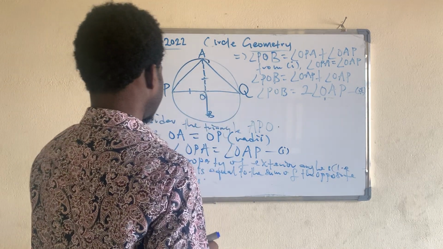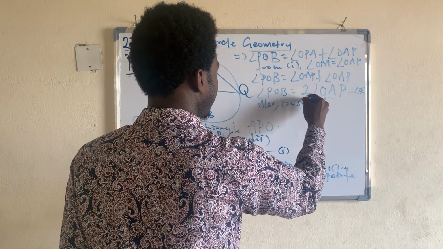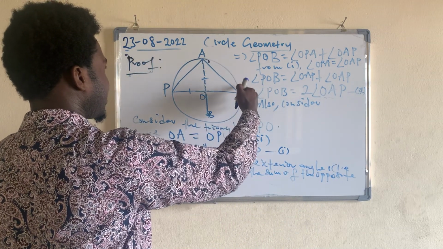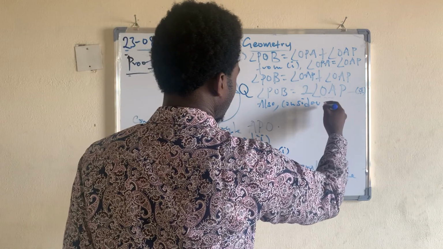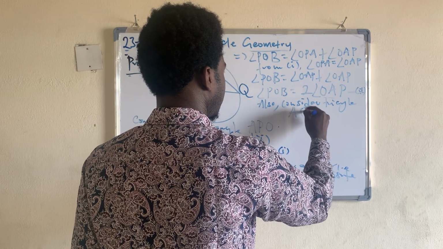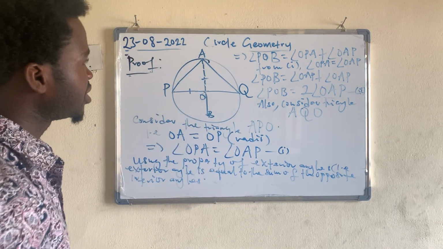Likewise, we'll also consider triangle AQO, or you say QAO, whichever way.